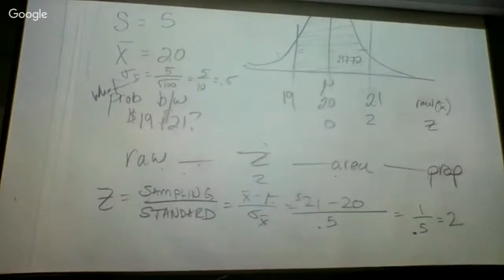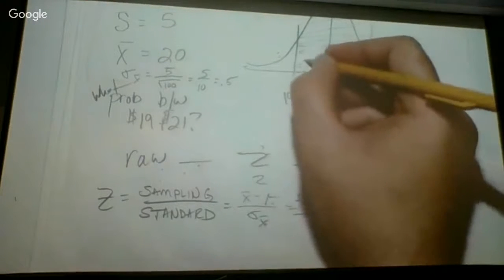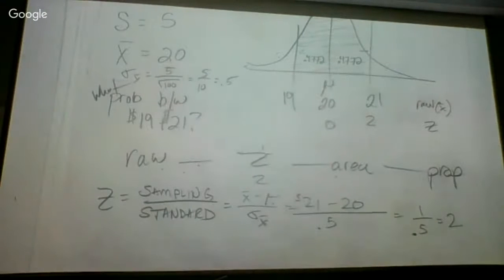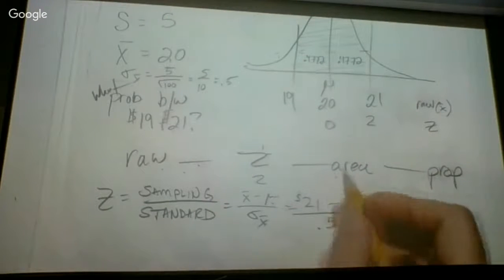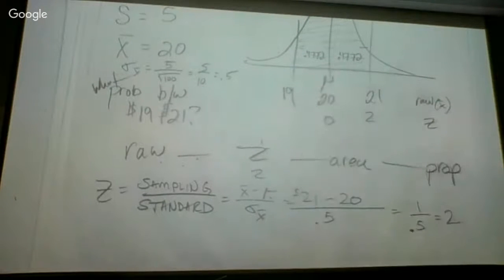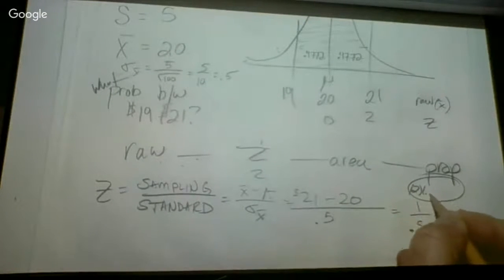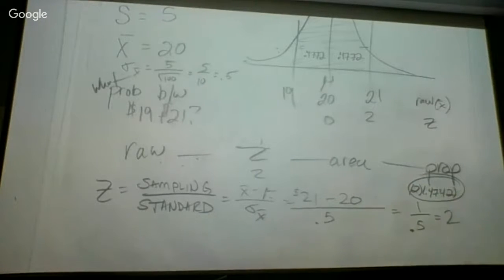If the area between 20 and 21 is 0.4772, between 19 and 20, same thing. That's my area. I'm going to take 0.4772, multiply it times 2. Something like 0.9544. I really hope there's an answer up there.